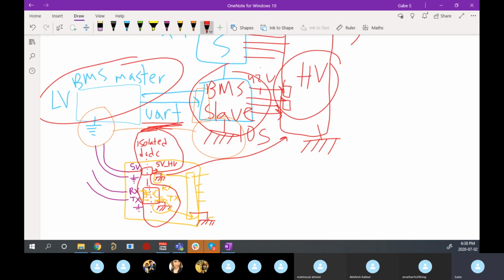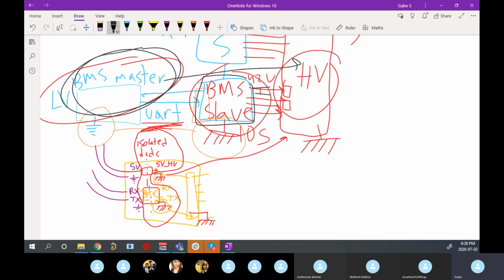So what the slaves do is they collect the information, right? You can imagine if I wanted to connect the BMS master directly to the battery, there'd be a crap ton of wires. So what we do is we sort of do an intermediate step where each slave takes on 10. Each slave takes on 10 and they have a little chip inside them on the board that takes in all those 10 and then just spits out serial data, right?